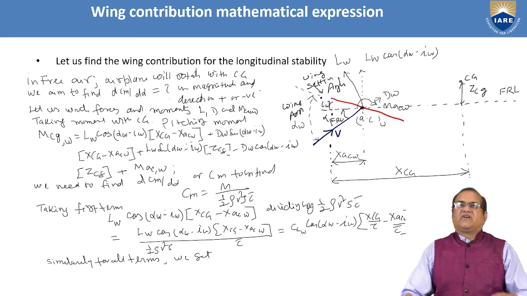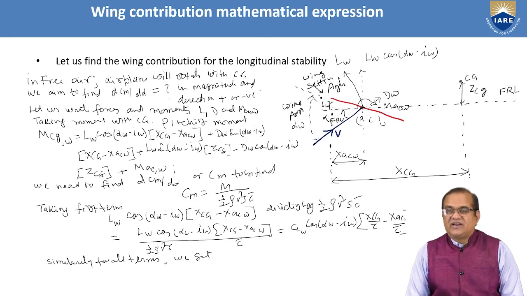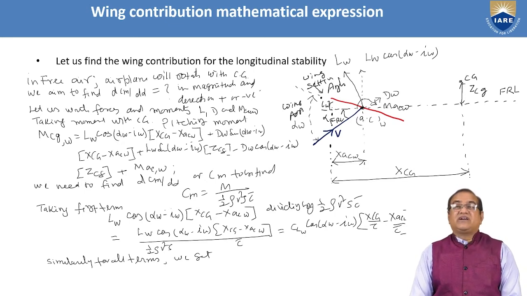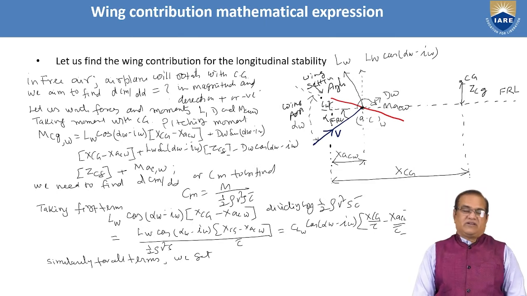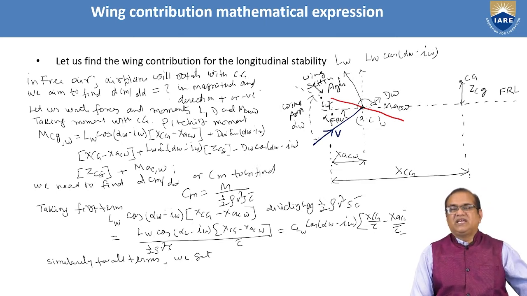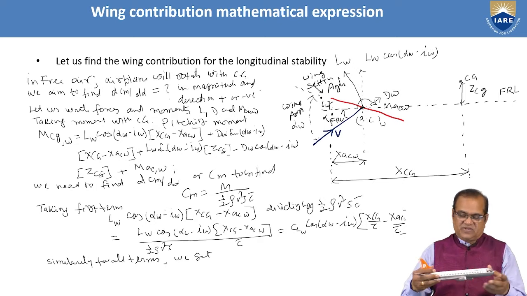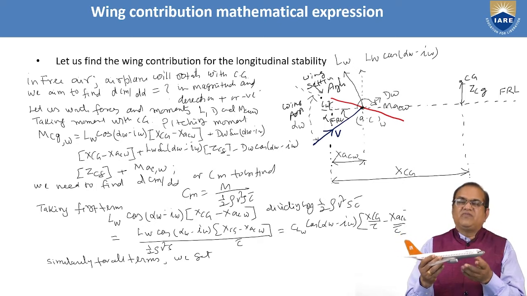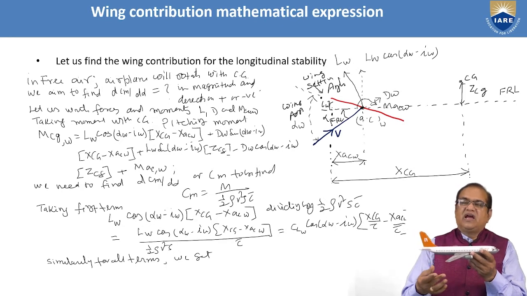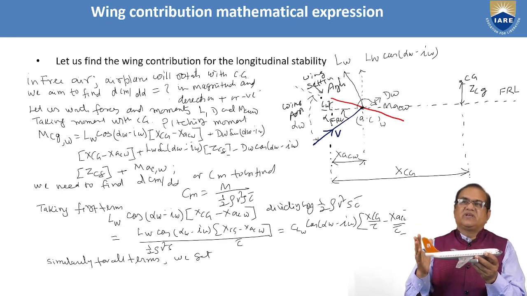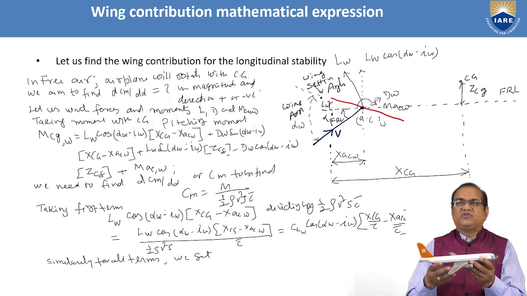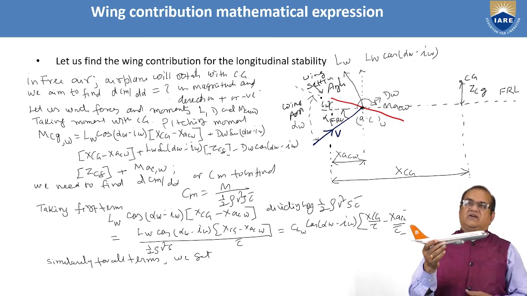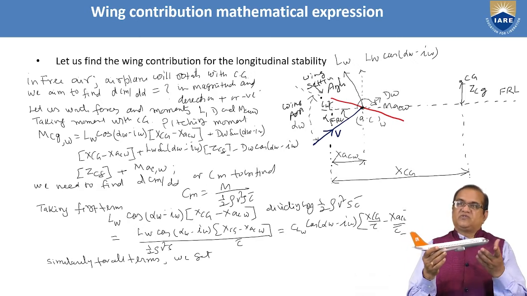Now, it is very important here to understand the wing contribution of the aircraft and how mathematically we have to discuss it. Just see here, in this case we are discussing only the wing, and in this diagram we have shown how these wings are fixed to the fuselage.